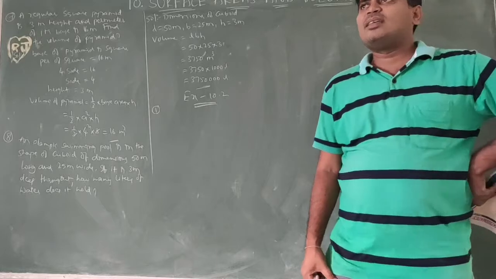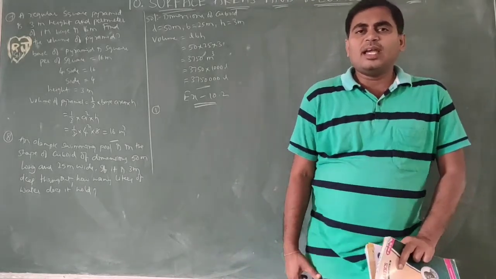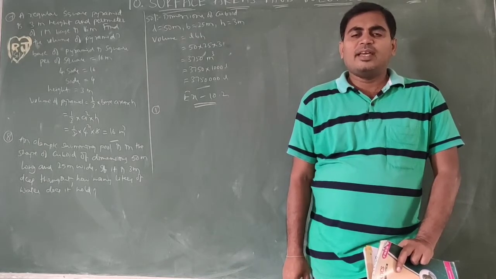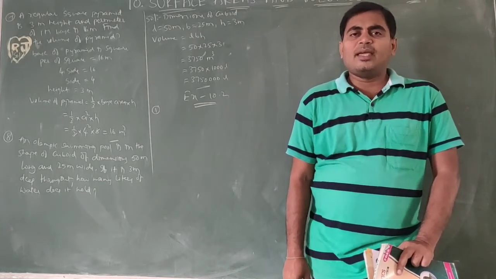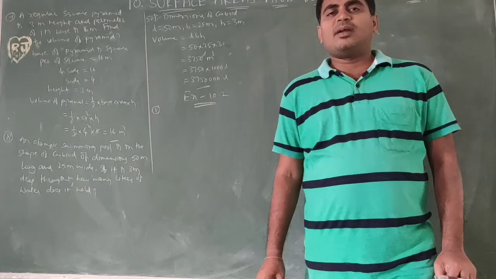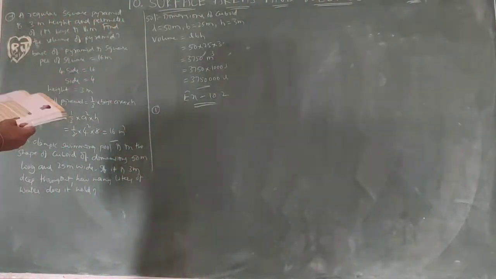What are the formulas? CSA, curved surface or lateral surface area, 2 pi r h. Total surface area, 2 pi r of h plus r. Volume, pi r square h. Based on this, we are going to do the problems.